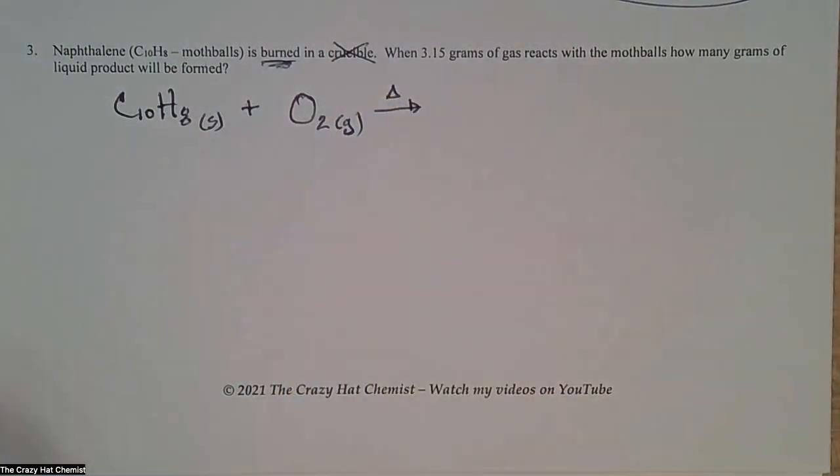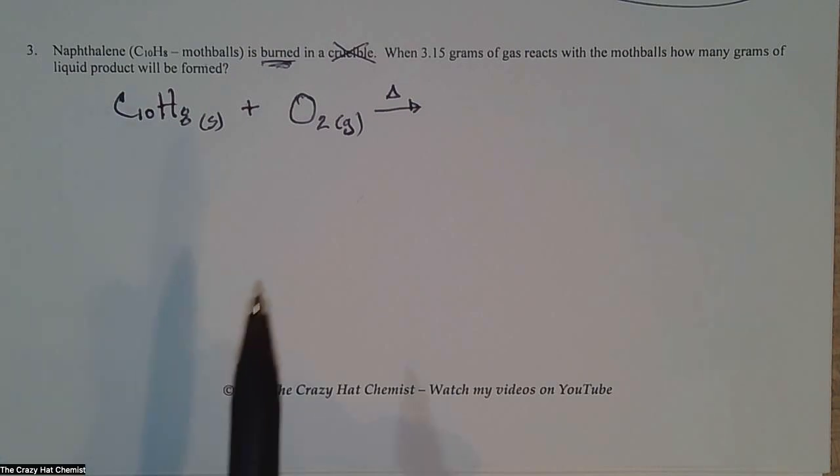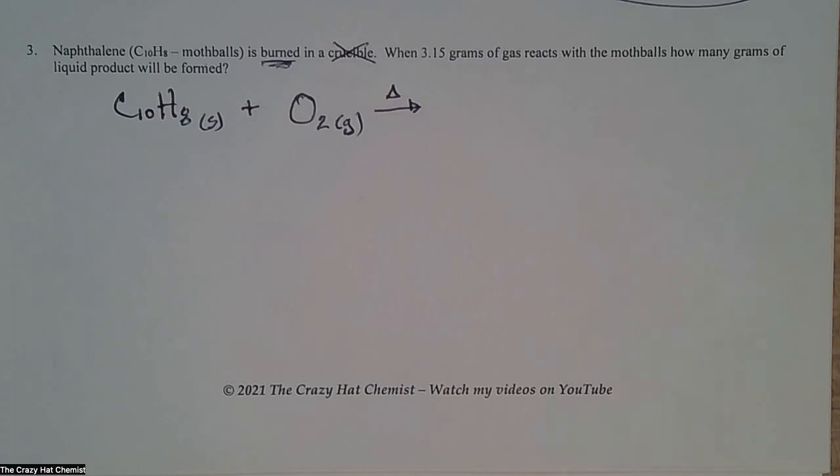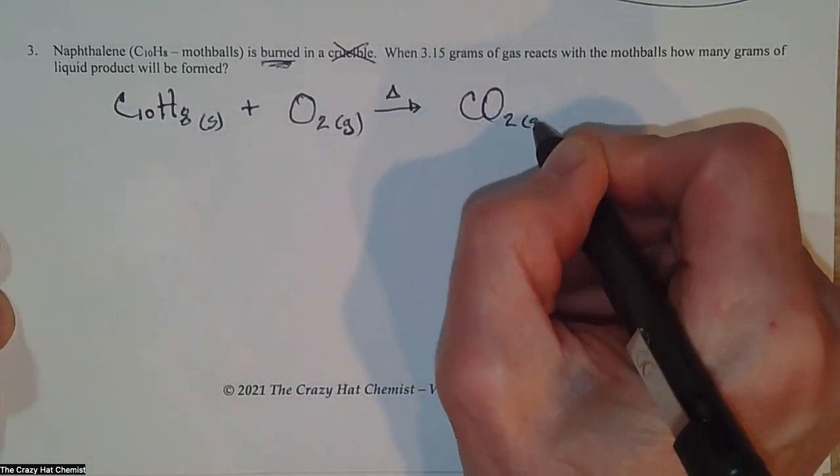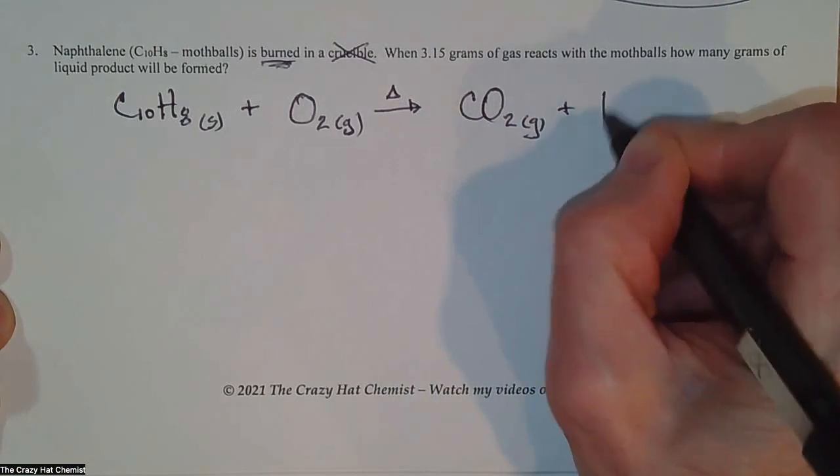We're going to put a delta above the arrow because combustion reactions require a kick in order for that reaction to proceed forwards, like a spark, a lit match, or a Bunsen burner, a striker for a Bunsen burner. And in a complete combustion, you're going to get the following: carbon dioxide, that is a gas, and water.